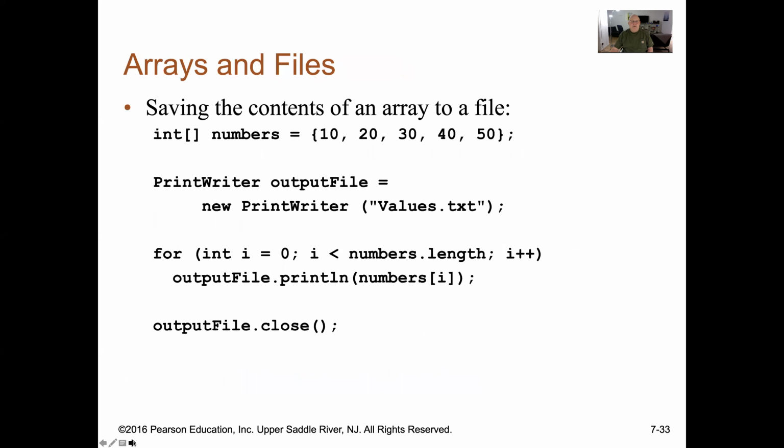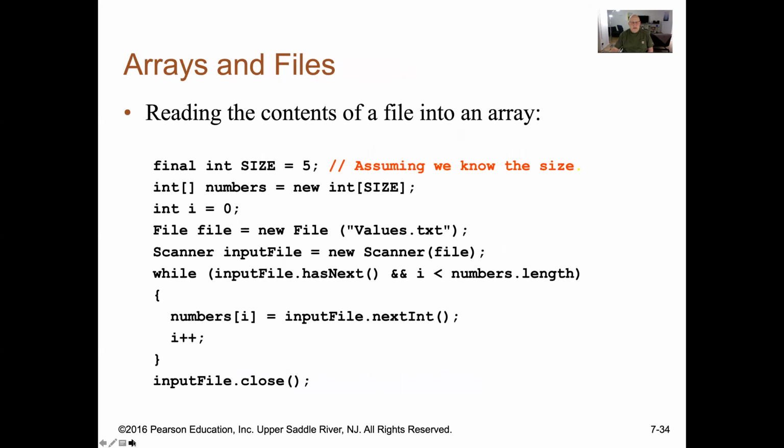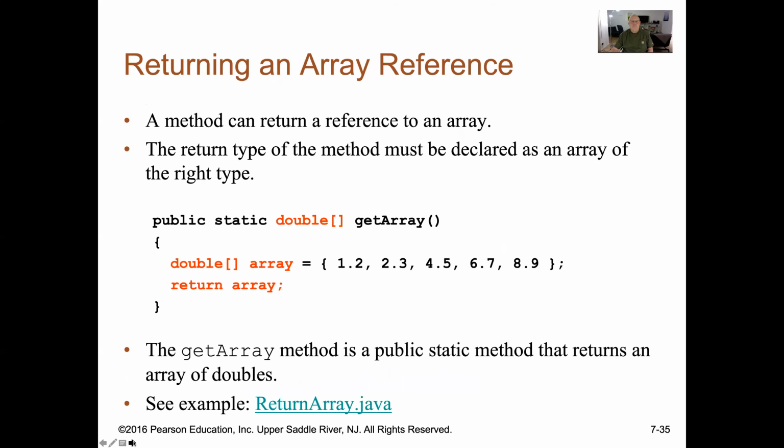This is how you save the contents of an array to a file. It's how you read the contents of a file into an array. A method can return a reference to an array. The return type of the method must be declared as an array of the right type.